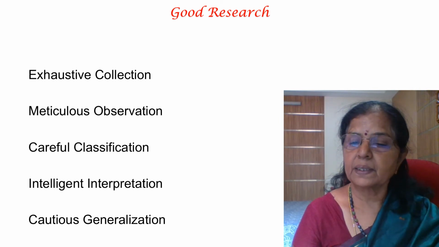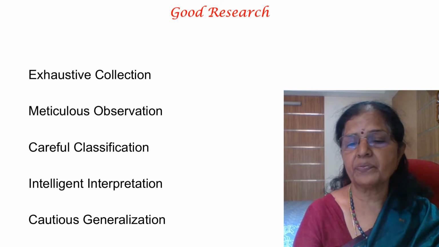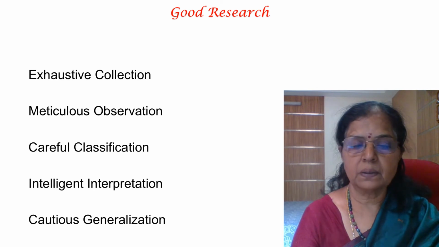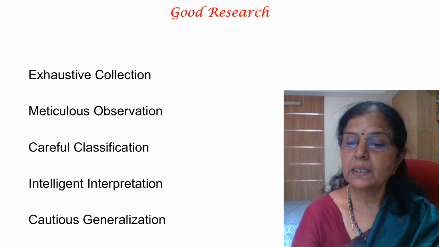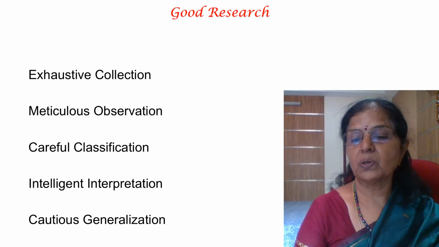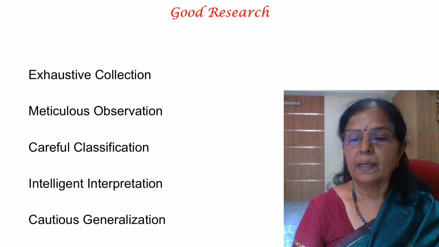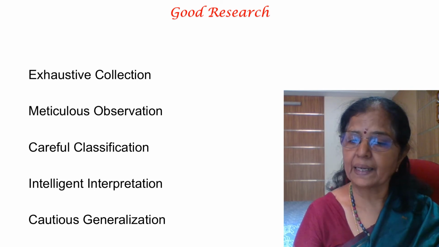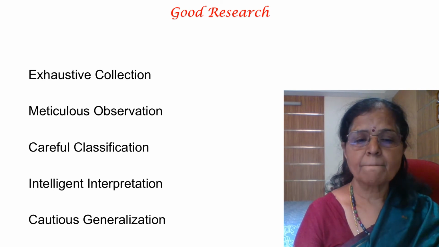And it needs patience, and it needs perseverance, and it needs a lot of care. Otherwise, you will put dissimilar objects in the same group, or you may separate the similar ones into separate groups. That should not be the case in any classification. So it should be done very carefully. A researcher should classify his data very carefully.